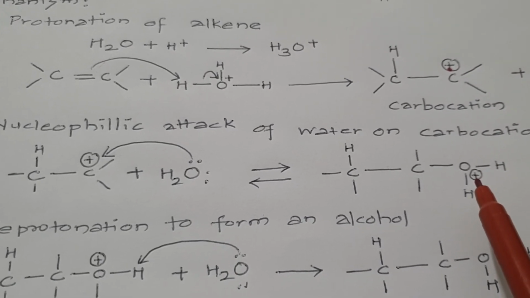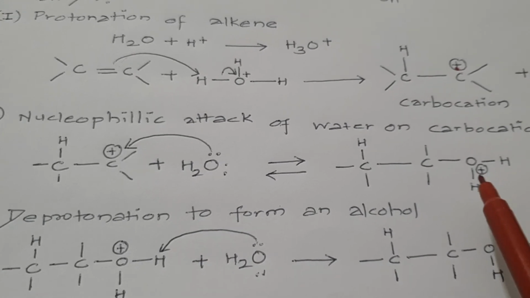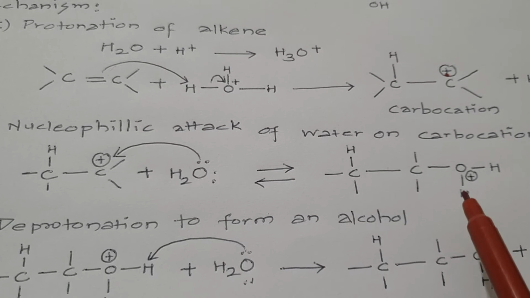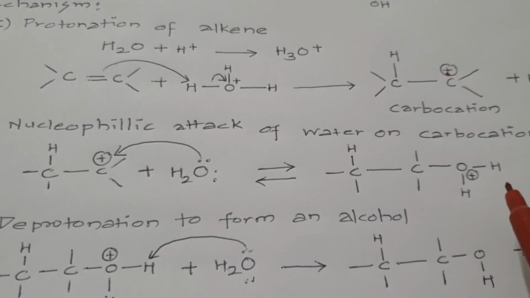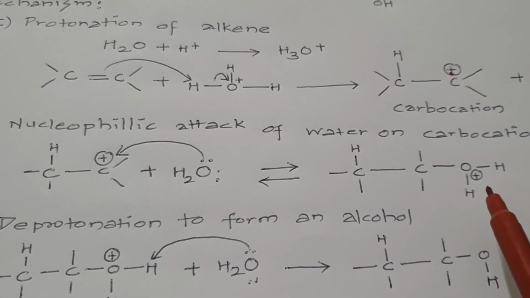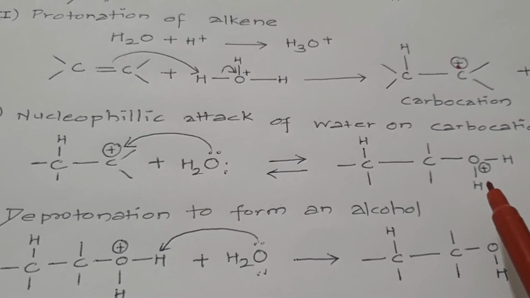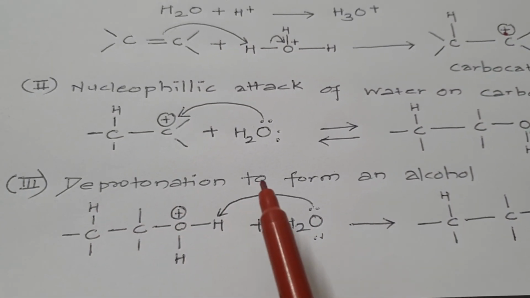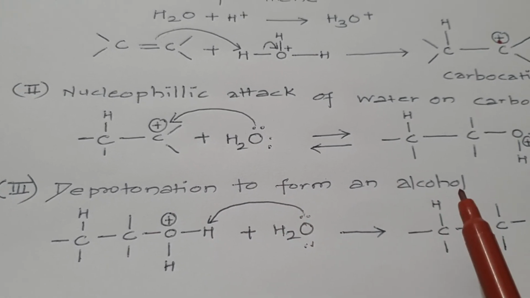What happens next? In the next step, we just require removal of one of the hydrogens, which can go as a hydrogen ion, thus giving us alcohol. That's what happens over here in deprotonation to form an alcohol.